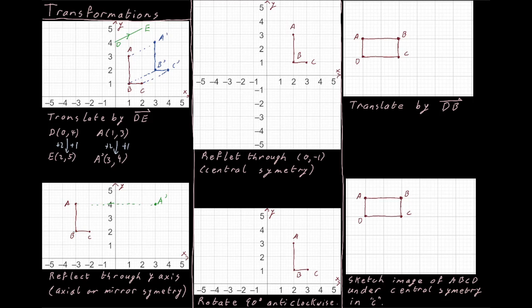For B, we are again 3 units back. We go 3 units to the mirror line, 3 units out again. That's going to be B's image there. And C is only 2 units out from the mirror line, so it's going to go out 2 units into our mirror. And we can see that our shape has been reflected.